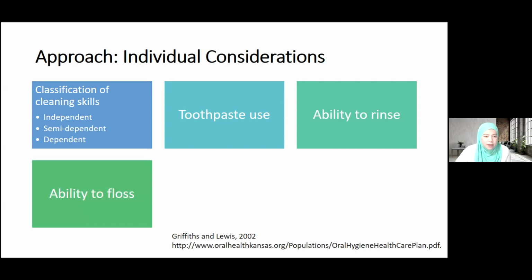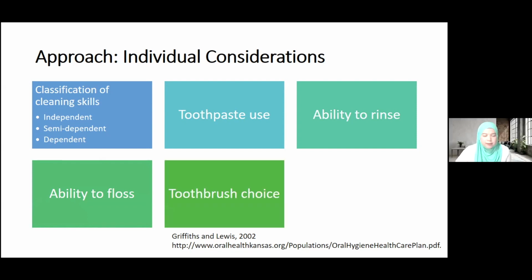Patient's ability to floss. We're looking at also toothbrush choices. There's no superiority in toothbrush choice. It could be soft bristles, whether it's powered, angled, whether use of suction brushes, or aids to help with the toothbrushing.